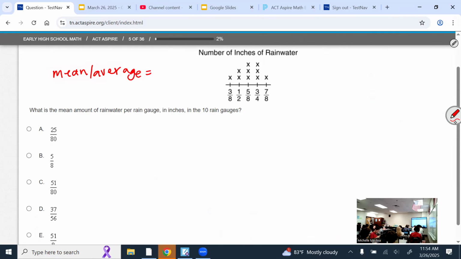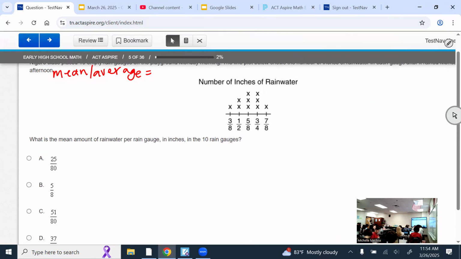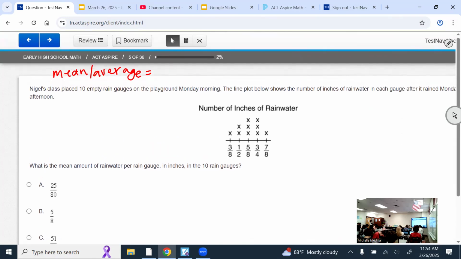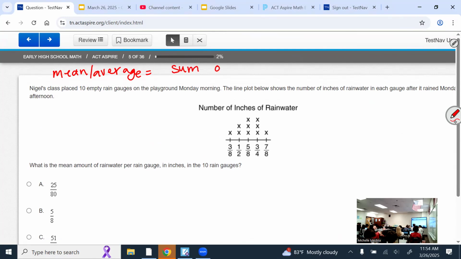That process involves you adding up all the numbers, so the sum of the data, and dividing by the number of data points. So add up all the numbers and then divide by however many numbers you have.